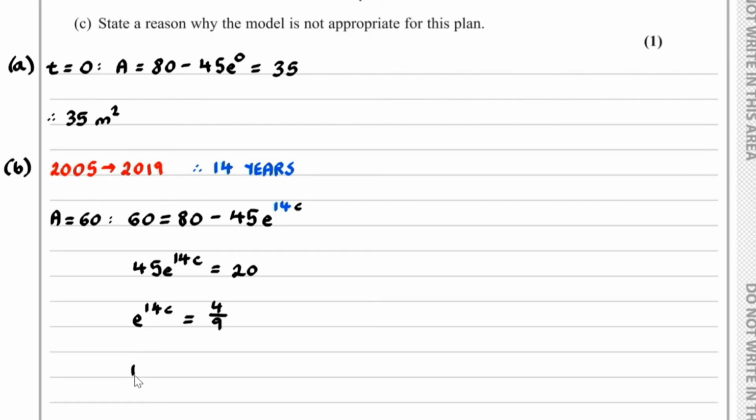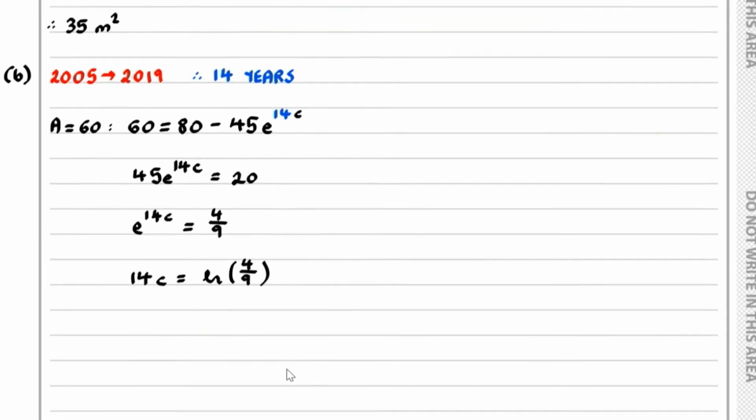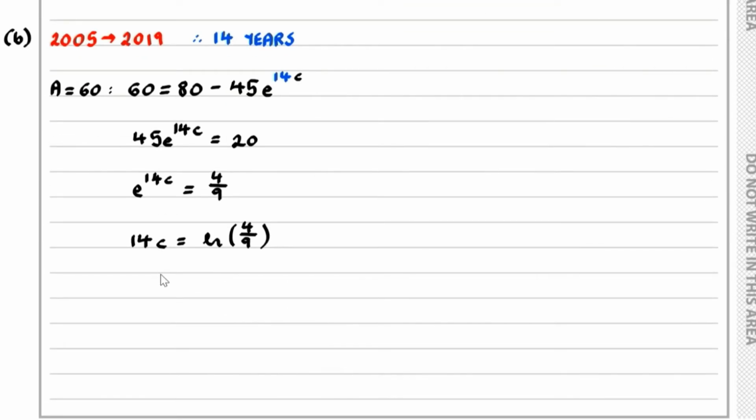So 14c is equal to the natural log of 4/9, from which we can conclude c is equal to 1/14 times the natural log of 4/9.